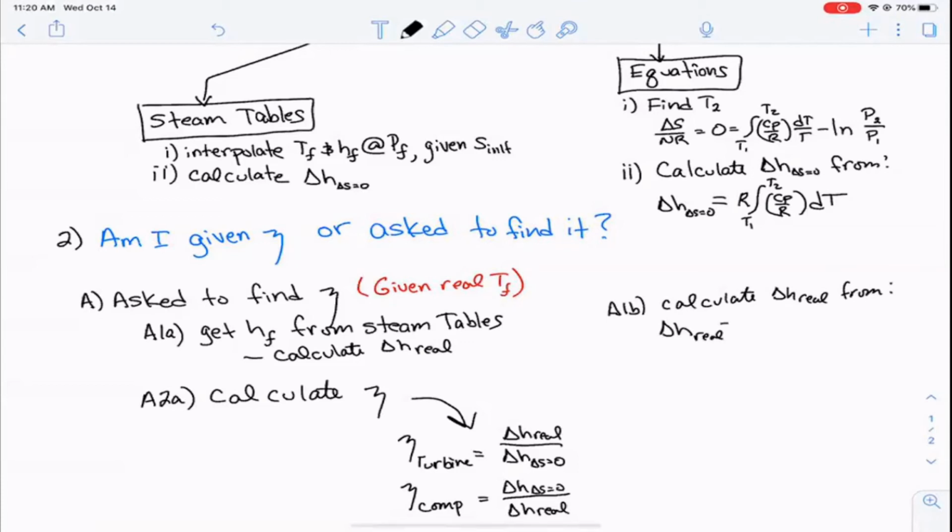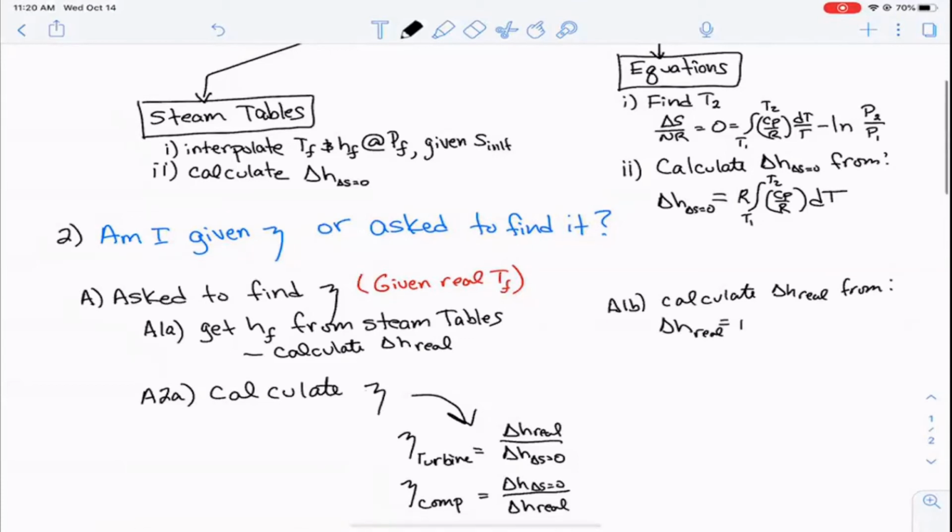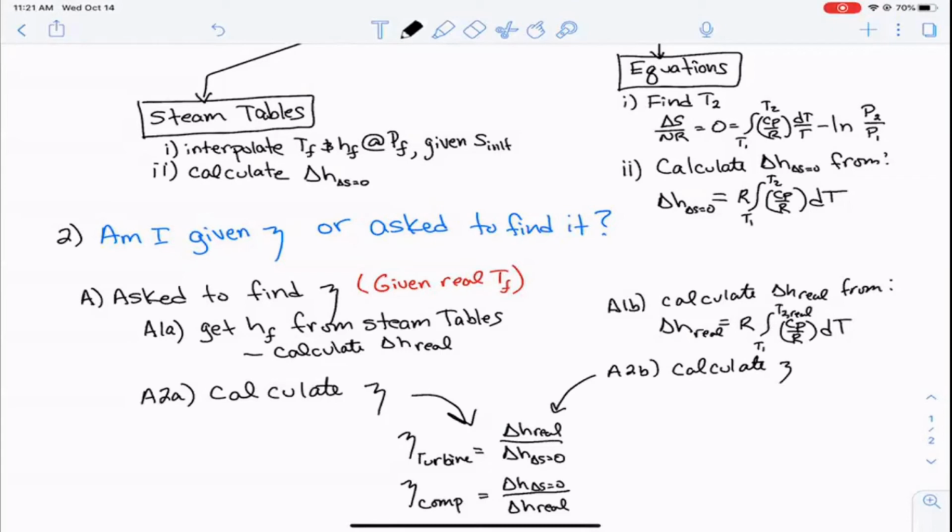But in this case, delta H real is equal to R times the integral from T1 to T2 real of Cp over R dT. And then from there, it's also very simple. The next step would be to calculate the efficiency, given if it's either a turbine or a compressor problem.